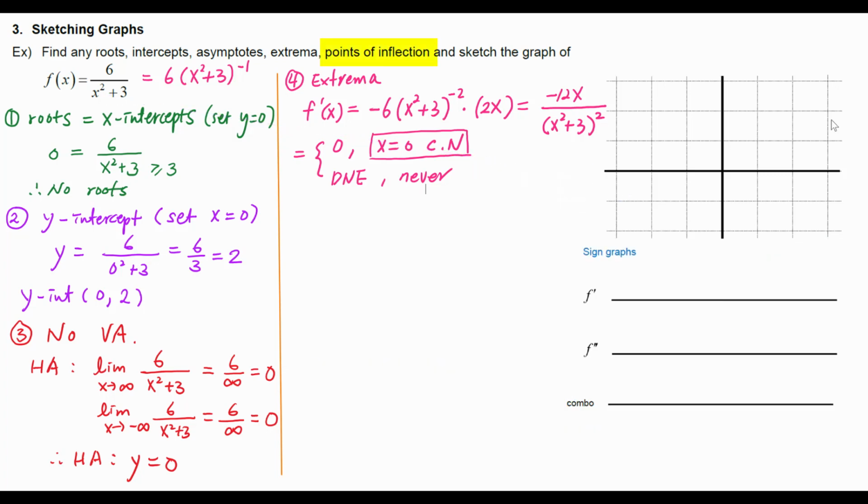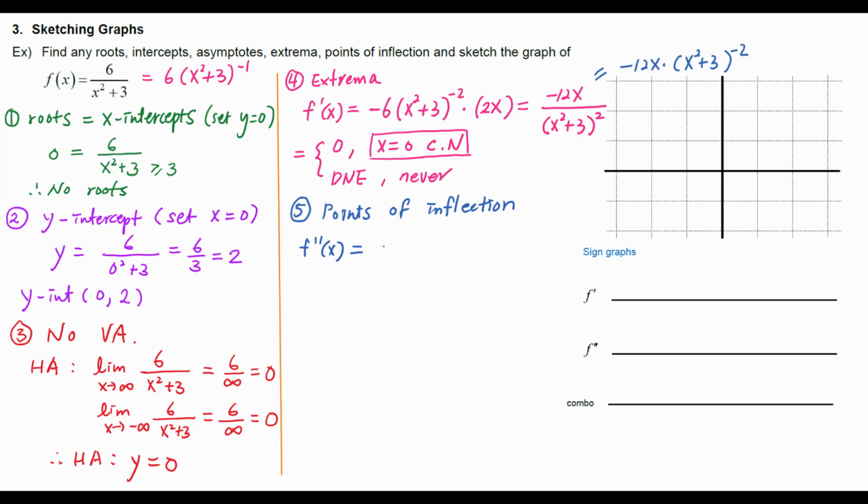Because I have to get points of inflection, I'm going to get the second derivative. So f double prime of x is equal to, I'm actually going to rewrite f prime of x and use the product rule instead of the quotient rule. So if you rewrite this, this is equal to negative 12x times quantity x squared plus 3 to the negative second power.